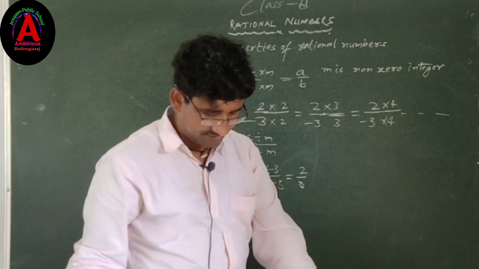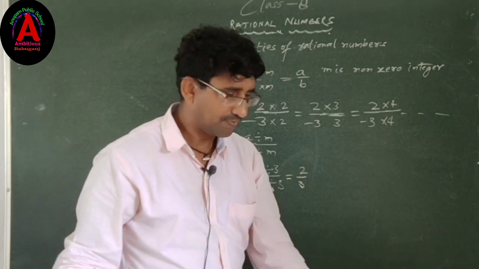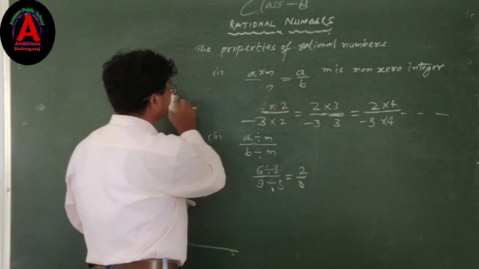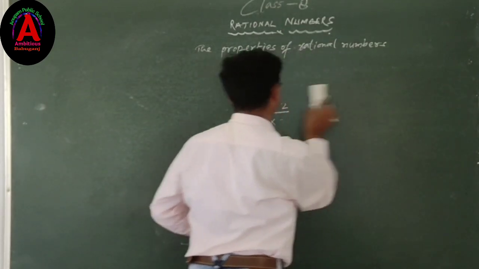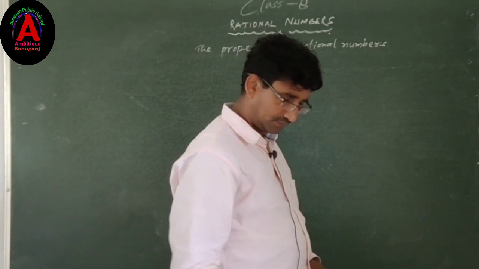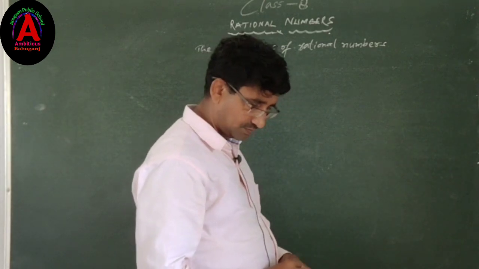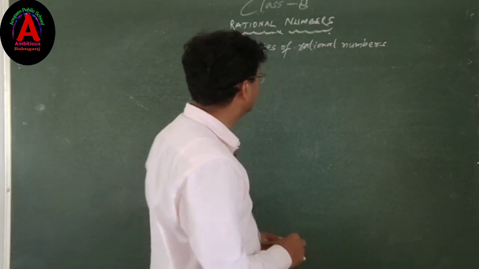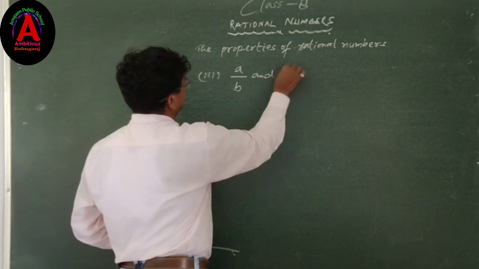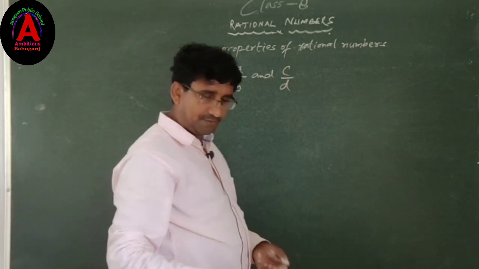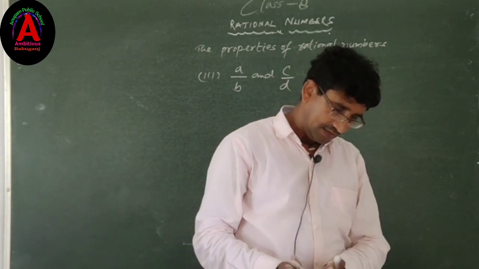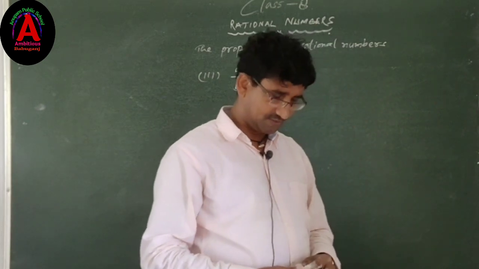Third property: let A upon B and C upon D be two rational numbers.